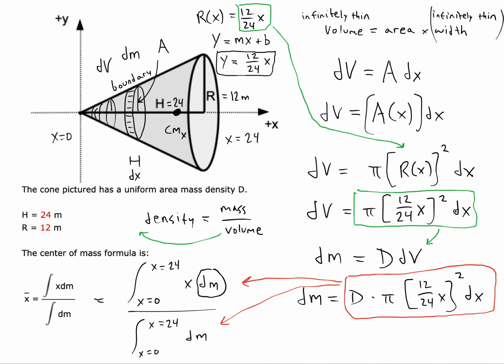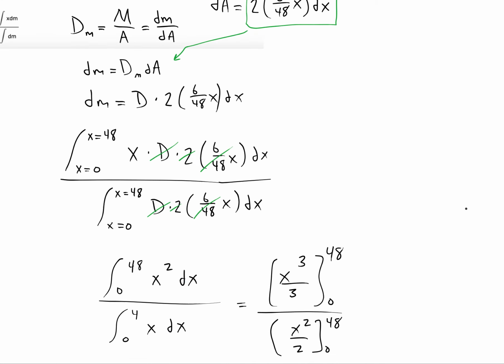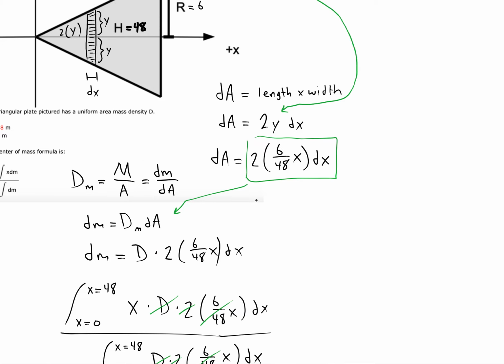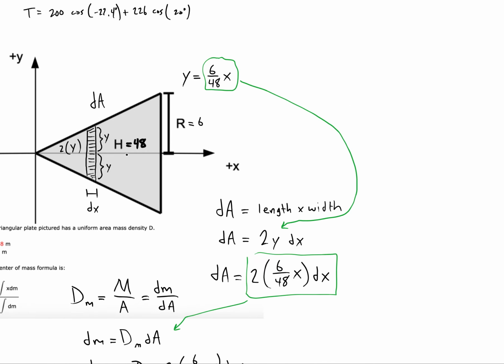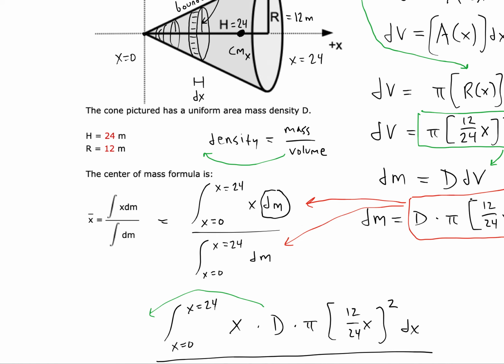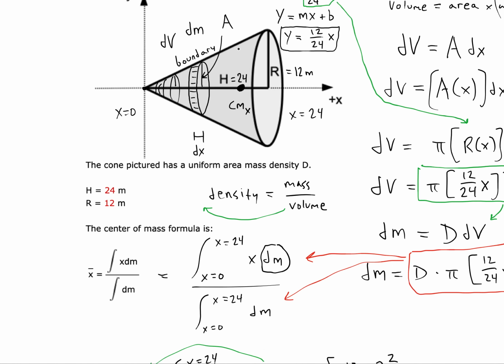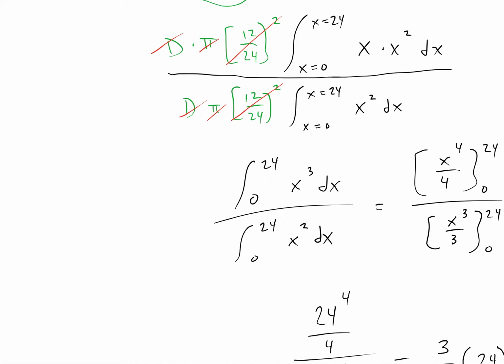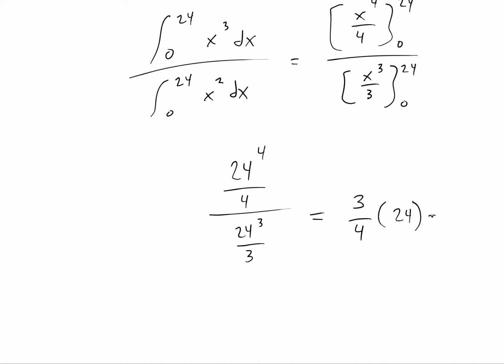For a triangular plate, it ends up being 2/3 of the way toward the base, so 2/3 of the height there. Anyway, this one was 3/4 of the way toward the base. So that's going to be 18.